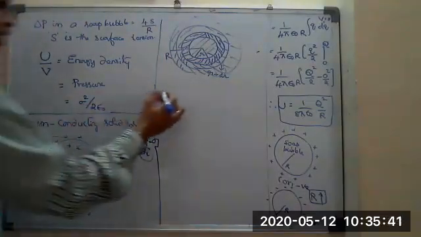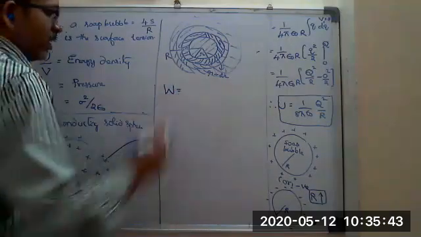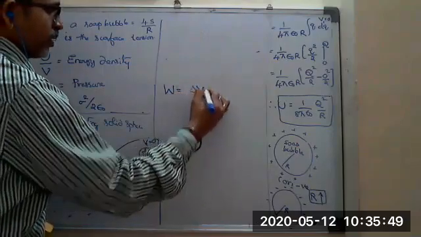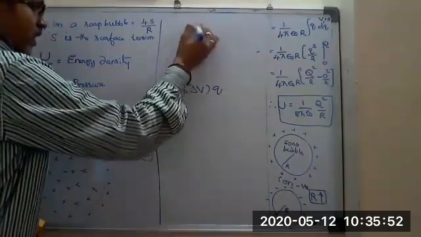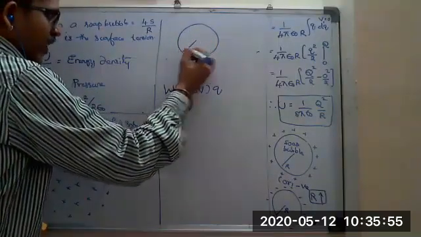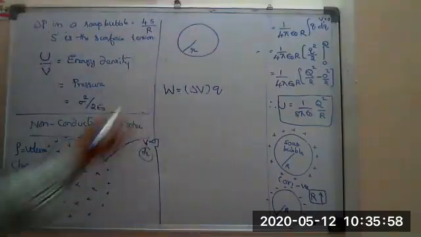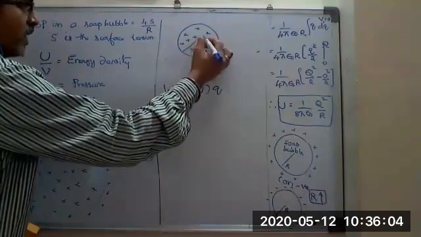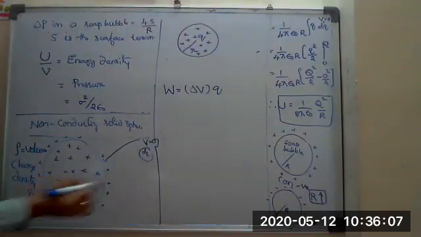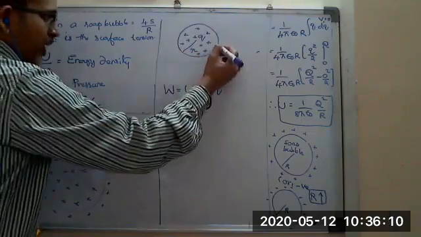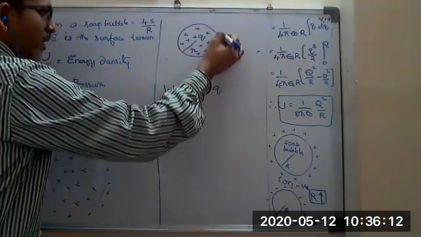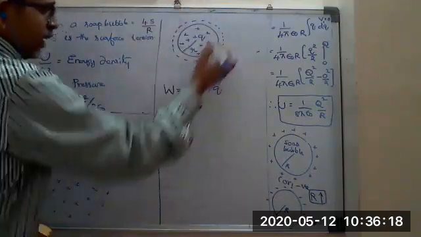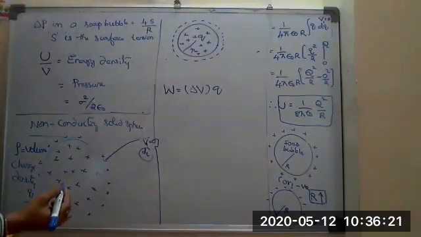So the work done is generally what we write as delta V into Q. Here, at an instant I am taking its radius as r. It is having some amount of positive charge, let it be small q. Then I am bringing the other shell placed over the surface, so here I have to find the potential.